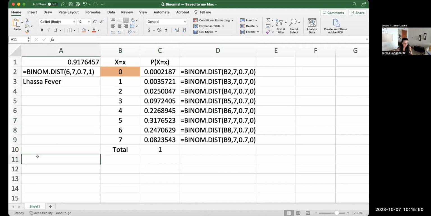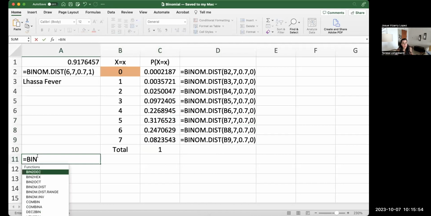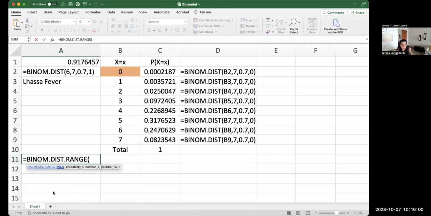If you look at the different functions, maybe here there's a distribution range. I don't know. Let's try. Let's do 5, 6, 7. Well, actually, no, let's just do the same question.